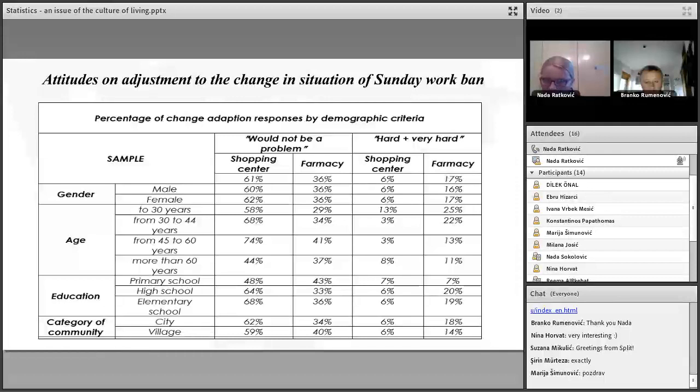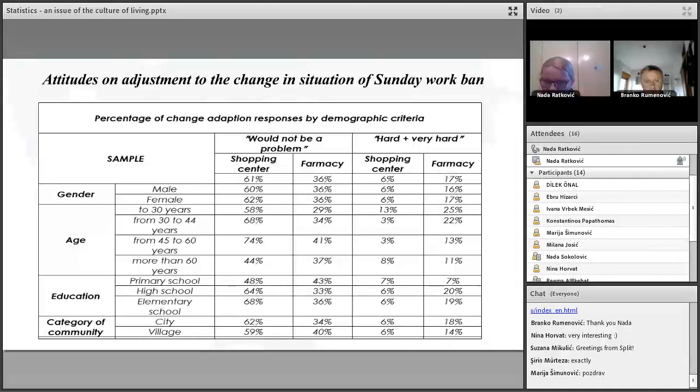Here is the percentage of change adoption responses by demographic criteria: gender, age, education, category of community. It would not be a problem to go to a shopping center.